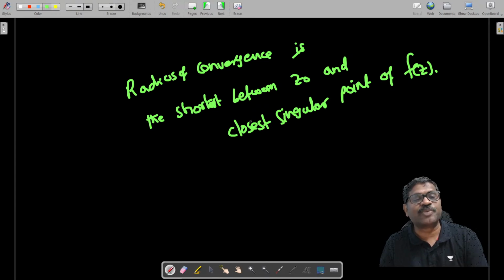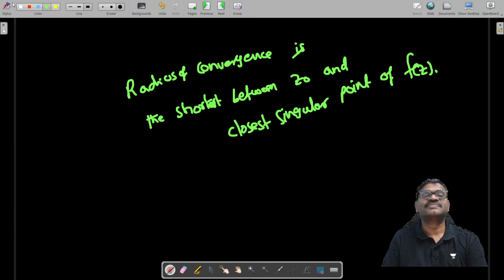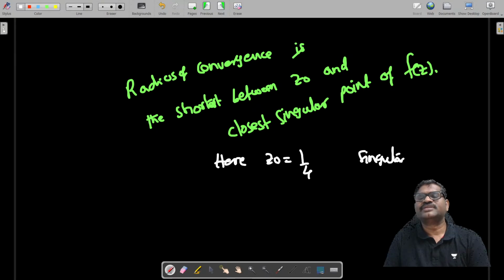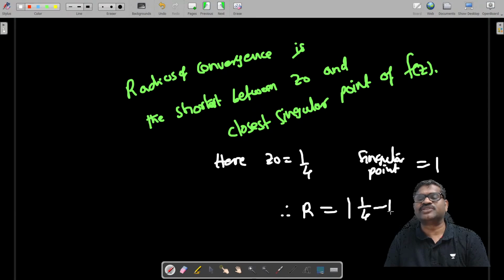Suppose you have two singular points; you have to calculate the distance between z0 and the first singular point and the second singular point. Which one is closest, nearest? That is the answer. Here z0 is 1 by 4, the singular point is 1, therefore the radius of convergence is the distance between 1 by 4 and 1, which is 3 by 4.